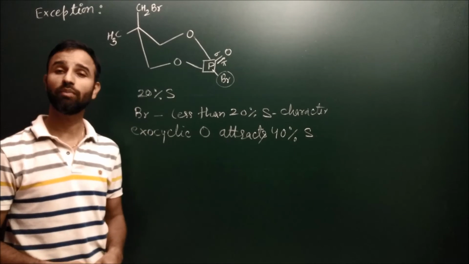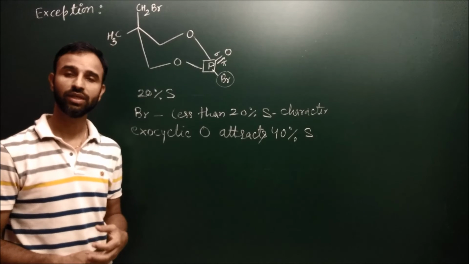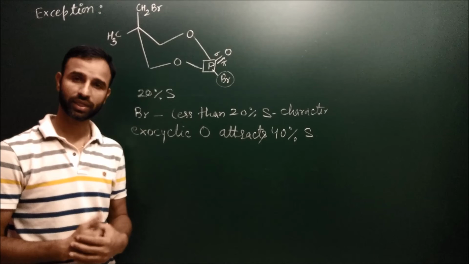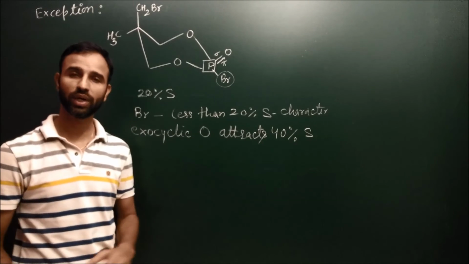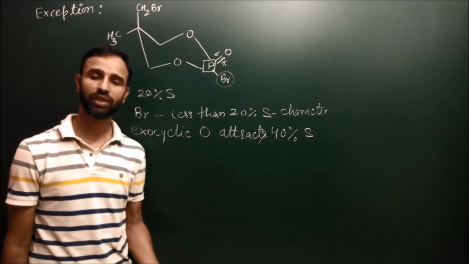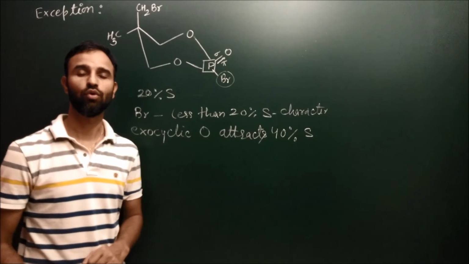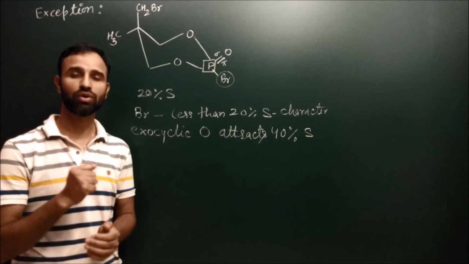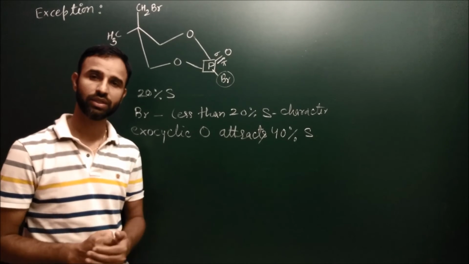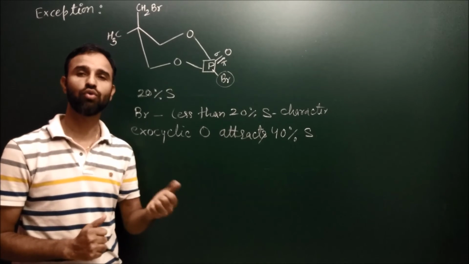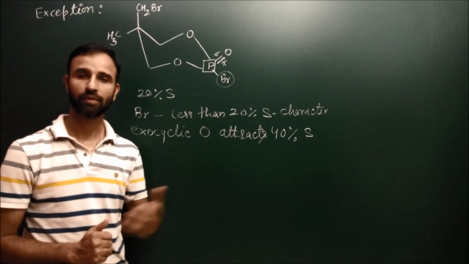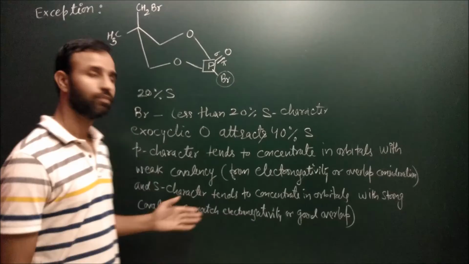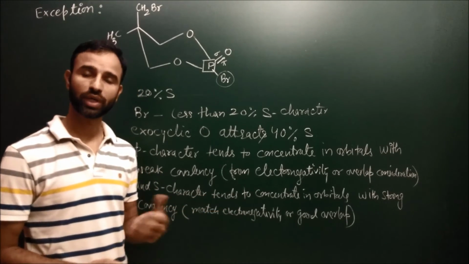So Bent's rule might be restated as: P character tends to concentrate in orbitals having weak covalency, either by electronegativity or overlap consideration, and S character tends to concentrate in orbitals having strong covalency, by electronegativity or overlap. This argument is supported by the bond energies.